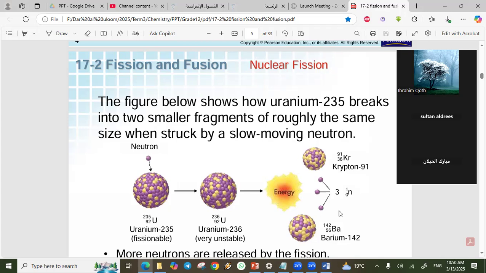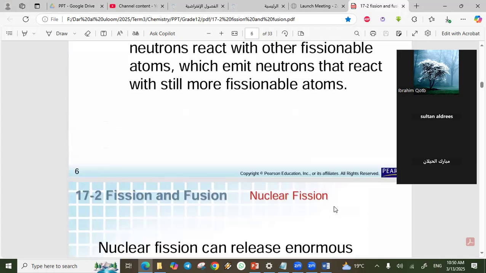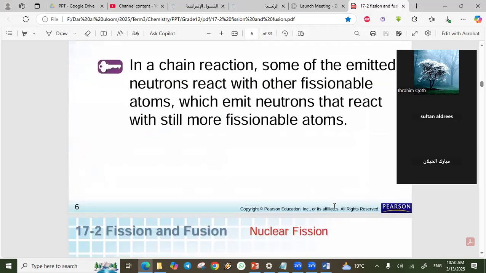This process is nuclear fission and produces three moving neutrons. These neutrons are ready to attack new atoms of the fuel to produce more energy and more free neutrons. But here we have two problems.